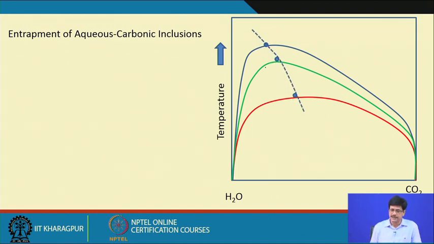So, this actually defines the change at the critical point with increasing pressure, and this dotted line, the locus of it, is the trajectory of the critical point. This solvus is inherently asymmetric, and as you see, the solubility of carbon dioxide in water is a little more than the reverse, that is, the solubility of water in carbon dioxide at the two extreme ends.